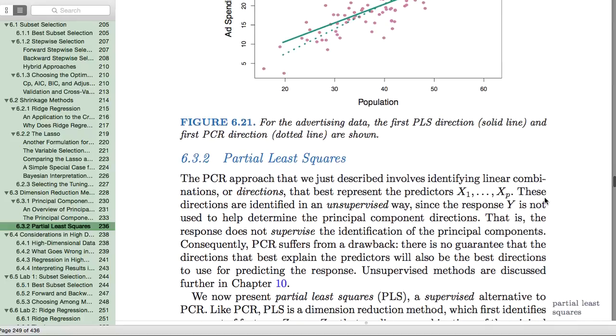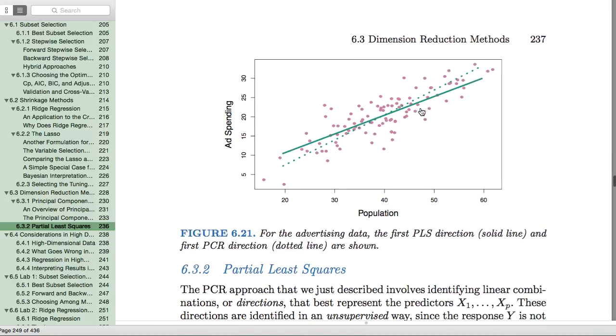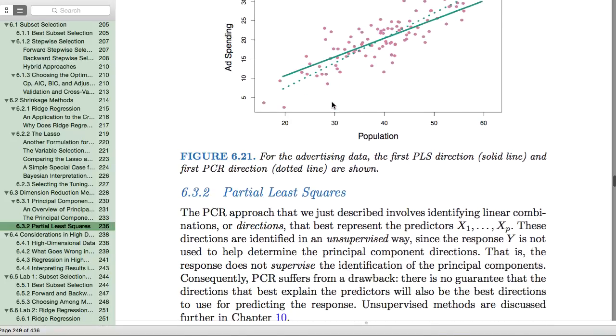Okay, so speaking of least squares, here's partial least squares. In contrast to principal components regression, which picked this dotted line here, the line of greatest variability, partial least squares does the same thing, but picks the line associated with the least squares estimate of x on y for the first dimension.